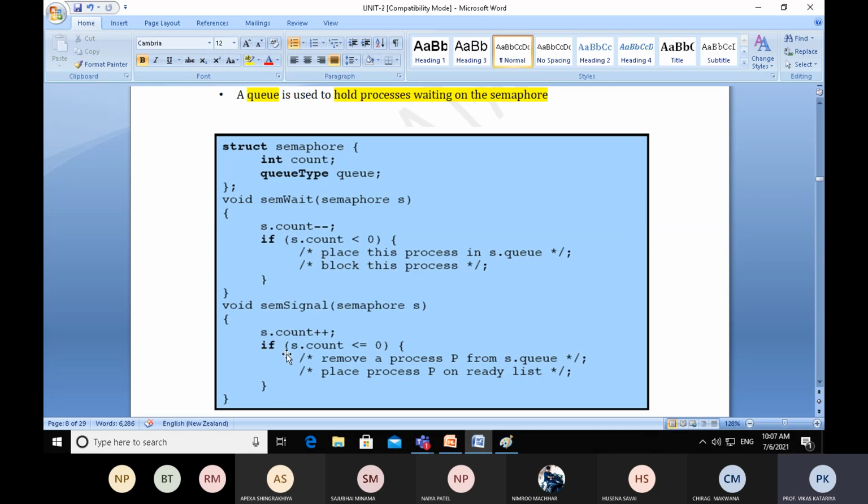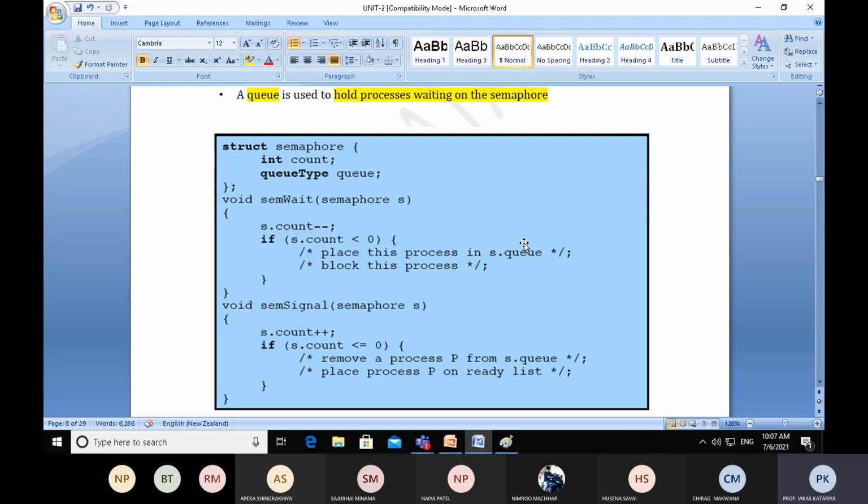Now the next condition, if we increment the value of count, then what should be next? The next step is to give the wake up calls. So if s dot count is less than or equal to 0 after incrementing the count variable, remove a process P from s dot q.